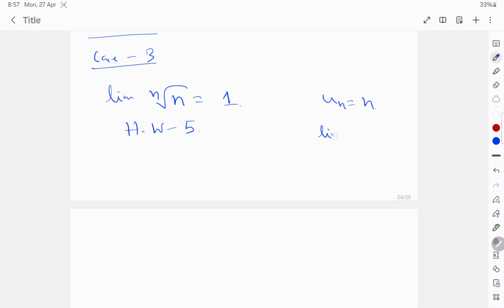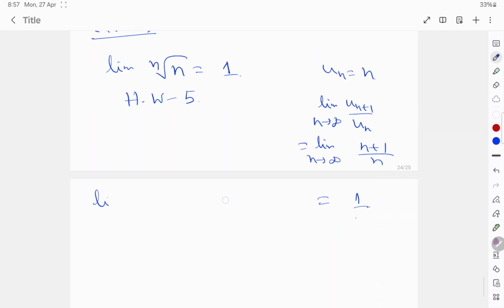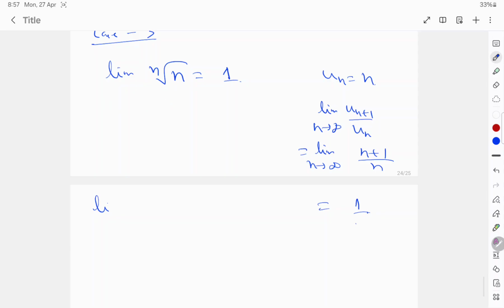So limit un plus 1 by un, what you are getting, this is 1, right? You just check. So this is equal to limit n tending to infinity n plus 1 by n, so you are getting 1. Okay, so already we have discussed this, so this is not your homework problem.